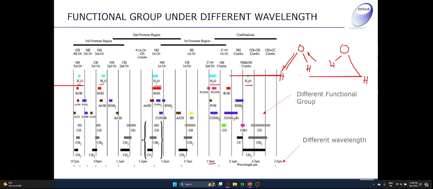Because it's always stuck, and actually temperatures play a huge role, because the more heat you give out, the more vibration happens, and it will give out all this more intrinsic detail of wavelength. So this is not the best idea to do this.